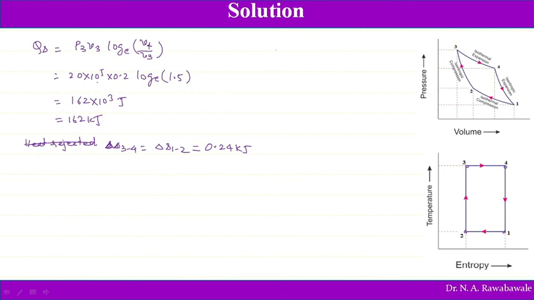Because these two lines are of the same length, we can say S1 is equal to S4 and S2 is equal to S3. So the change in entropy is the same.